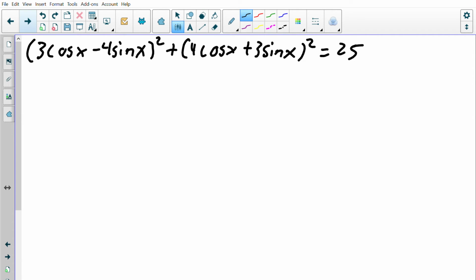Okay, so this next one, this means write what you see twice. So I have 3 cosine x minus 4 sine x 2 times.